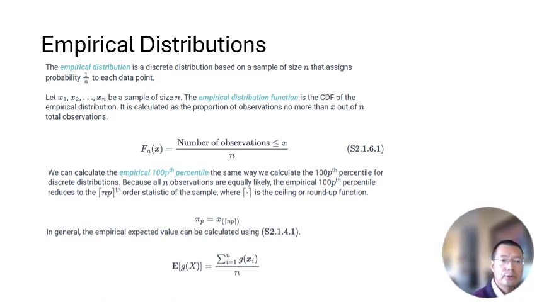And in general, the empirical expected value can be calculated using this formula. So basically, your expected value for g(x) is just the sum of all the g(xi) together over m.